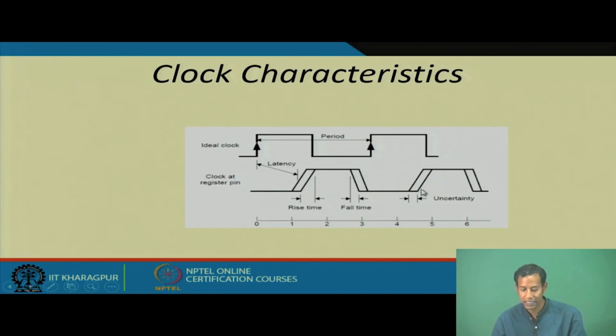And then it is not that every clock edge occurs at the same time. The difference between the clock edges of different clock pulses is known as the uncertainty. This uncertainty value is nothing but the information about how much jitter you have in your clock.